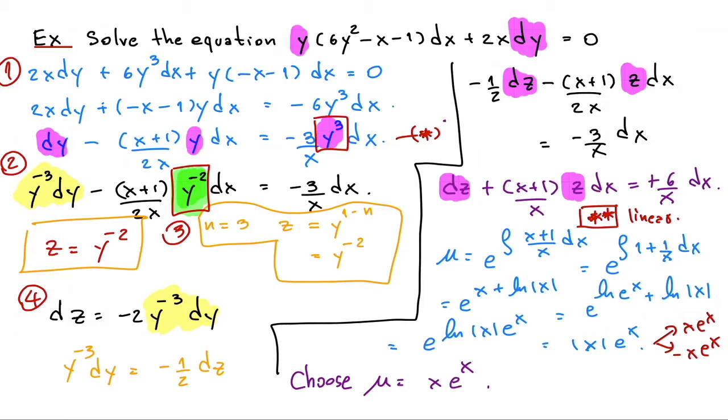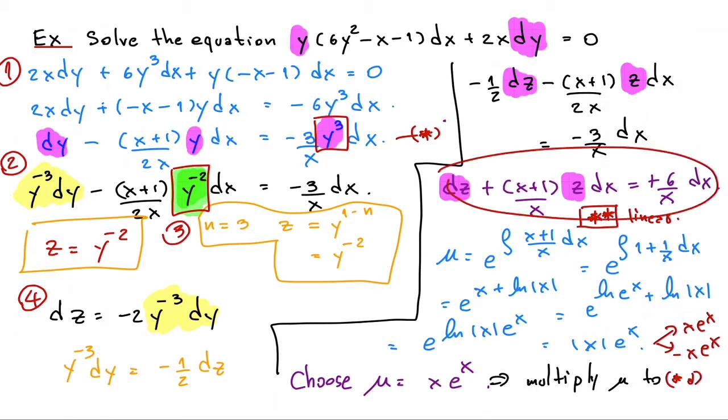And after that I will multiply mu to the equation double star, to make this equation exact. Remember that, right?